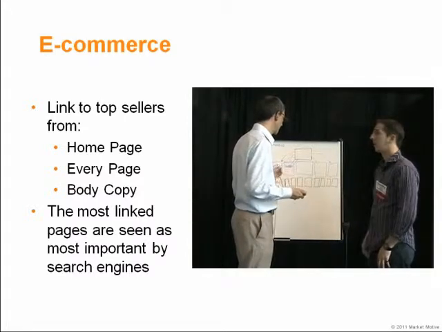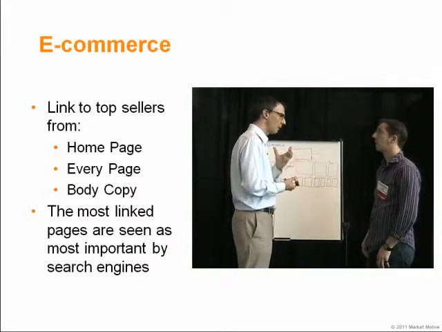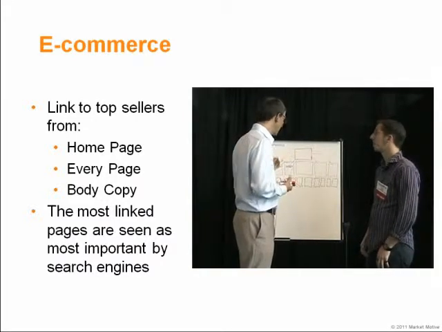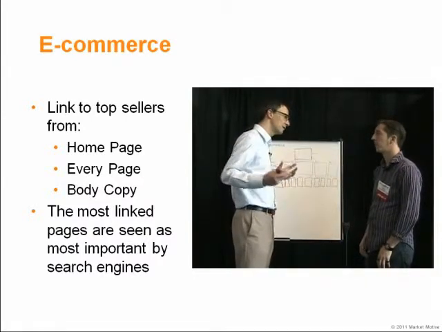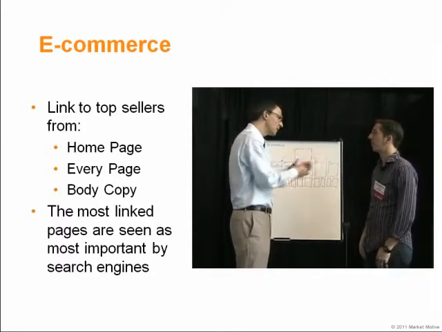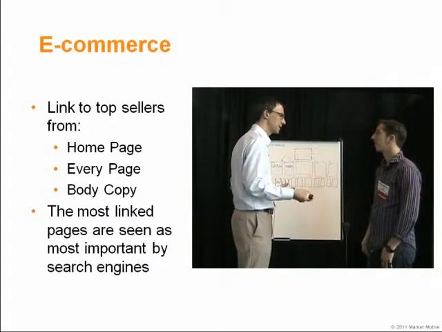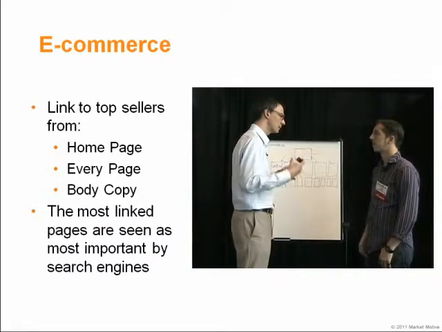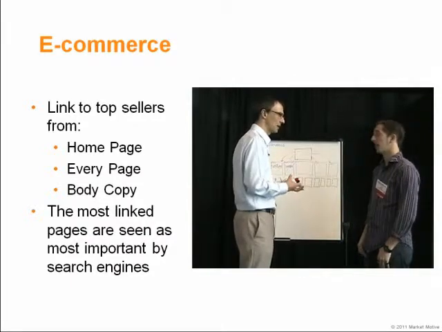Okay, so let's explore that. So you're suggesting that a particular page that represents a very popular product, if we were to link to that from lots and lots of pages within the site, we sort of focus our link value onto that particular page. I assume that your previous statement still holds true, that if we do the linking from the body copy on the pages rather than the nav, we get more strength. Yes.